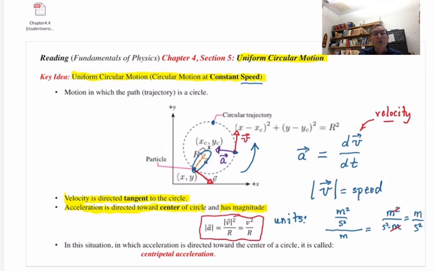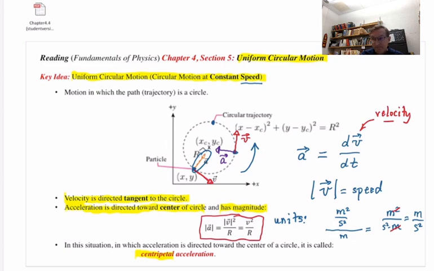The adjective used for anything in a circle that points towards the center is centripetal, which is from the Greek for seeking the center. So you'll often hear physicists call the acceleration in this scenario centripetal acceleration. It just means that the acceleration points towards the center.